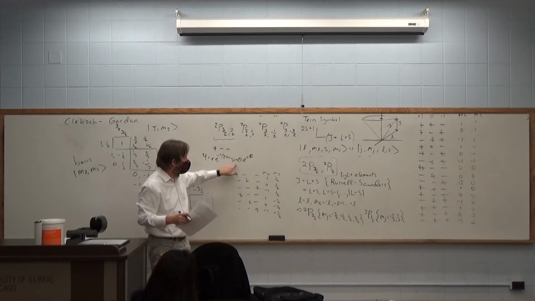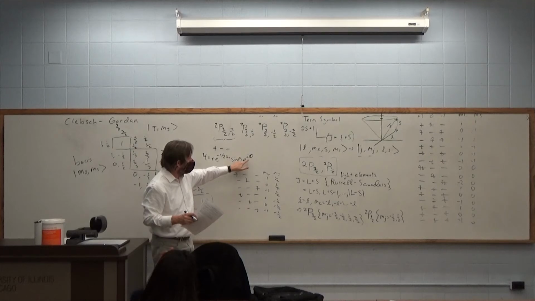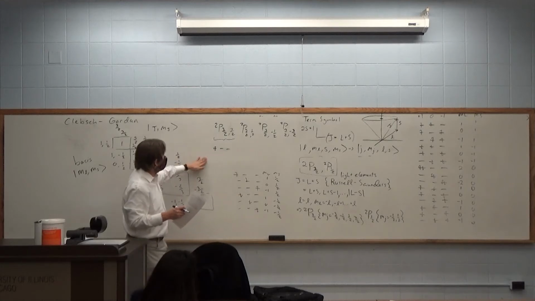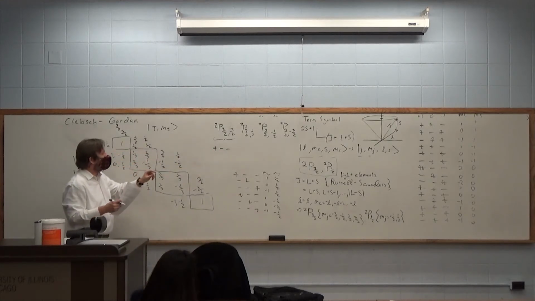P0 would be just cosine, that's not there. Okay, anyway, my point being is that this table finds you the configurations.